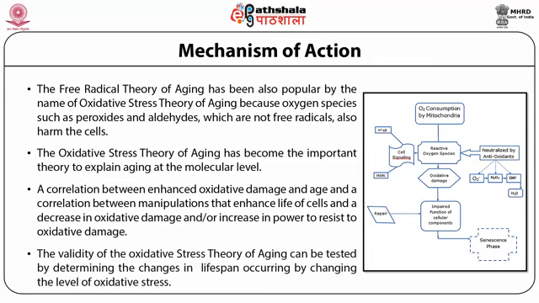The validity of the oxidative stress theory of aging can be tested by determining the changes in the lifespan occurring by changing the level of the oxidative stress. The oxidative stress theory is pictorially given in figure 1.